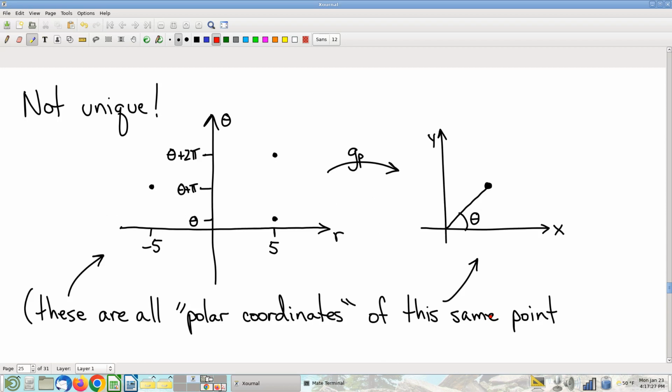So let's talk first about the failure of uniqueness. Let's take this point right here. There's a point in the xy plane, and I'm going to say that it's some angle off of the positive part of the x-axis. I'm going to presume that this distance here is 5, just to get the ball rolling.